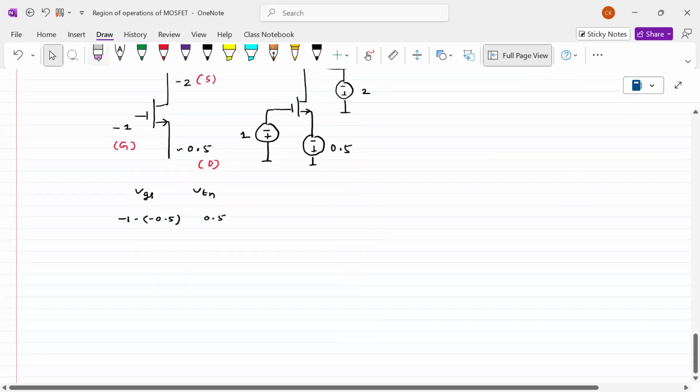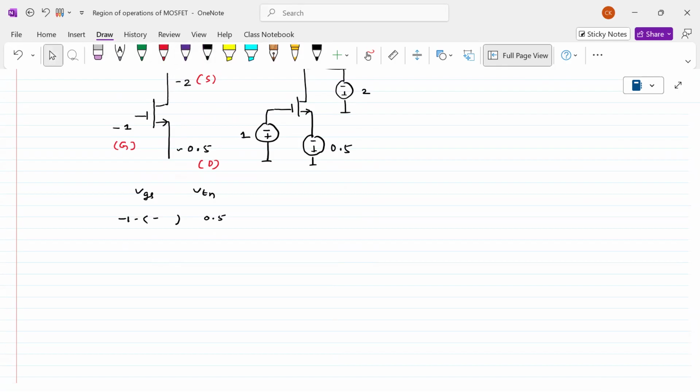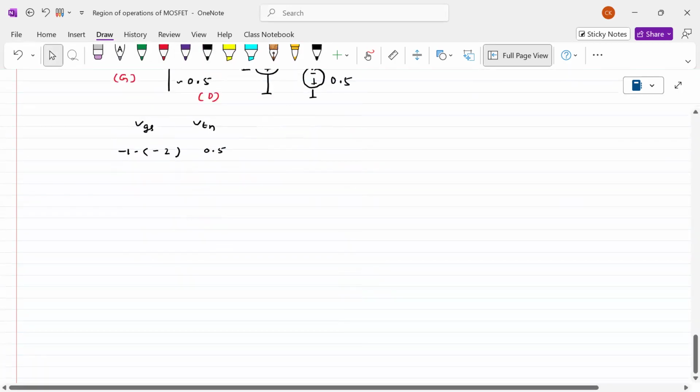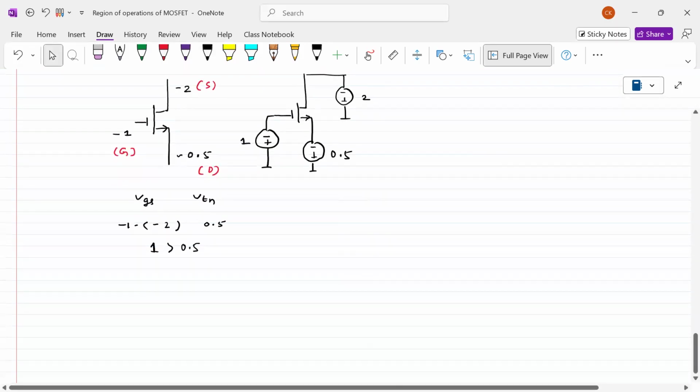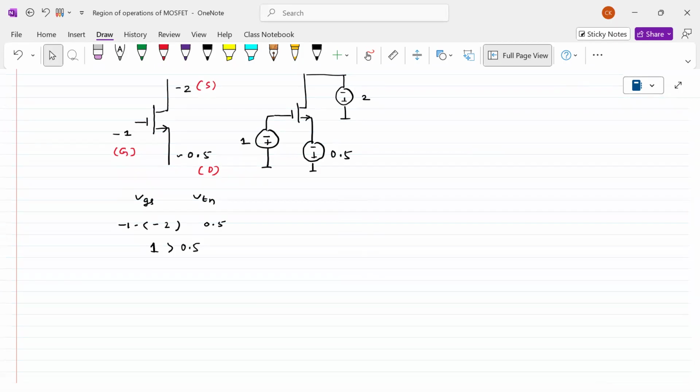I'm sorry, source is -2. Yes, good. Source is -2. So VGS is 1. Since all these given values are negative, you should not say this is cutoff. Since the gate is -1, you should not come to that conclusion.